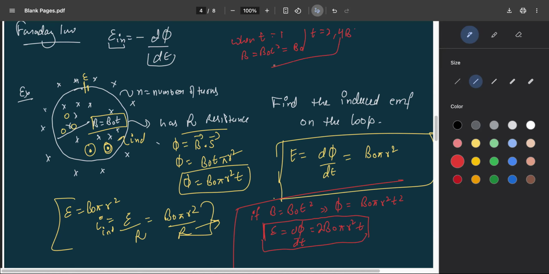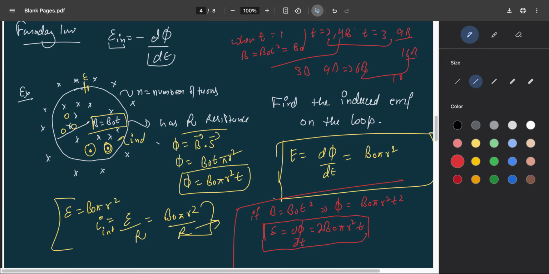It means what is the change in the first 1 second? 3 times B. After this, when time is 3, that is 9B, because 3 threes are 9. So what is the new change in another 1 second? We have got 9B minus 4B, that is 5B. After that, 4 squared is 16, 16B, right? What is the new change? That is 7B. So here the change is also varying with time. Understood my point? Here the change is also varying with time.